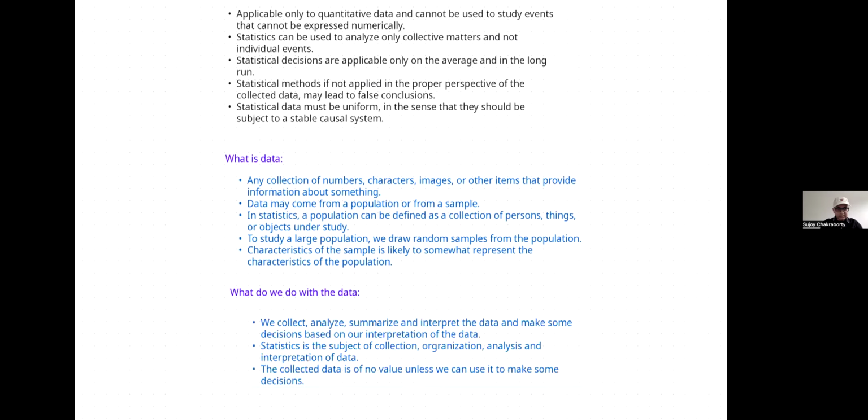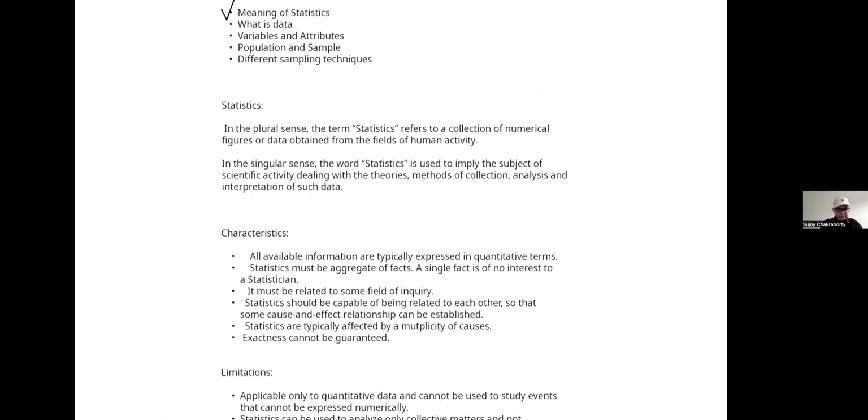So let's see. We are done with what is data. Now let's talk about types of data, all right? So I think we can mark that as complete.